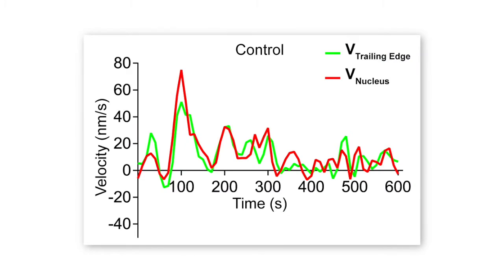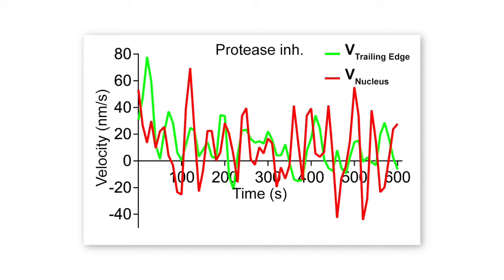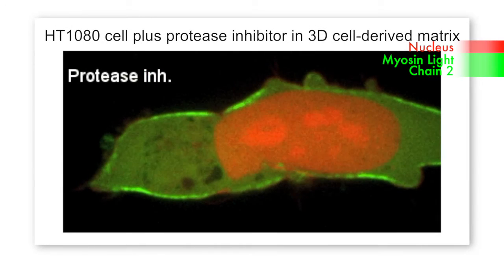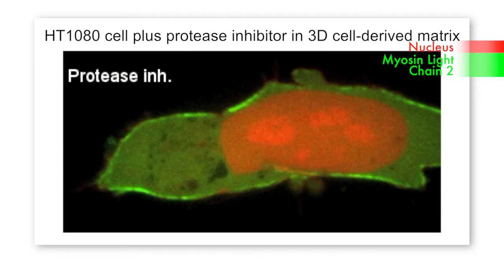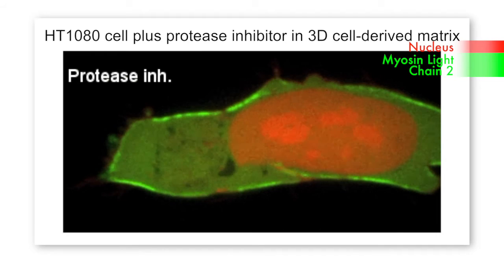In the control cells, where pressure was low and uniform, the movement of the nucleus was in sync with the movement of the trailing edge, indicating to us, again, that the nuclear piston was normally off in these cells. However, upon protease inhibition, the movement of the nucleus and the trailing edge became uncorrelated, consistent with the fact that the nucleus was now being pulled forward by the actomyosin machinery to generate the large intracellular pressure to mediate lobopodial protrusions.